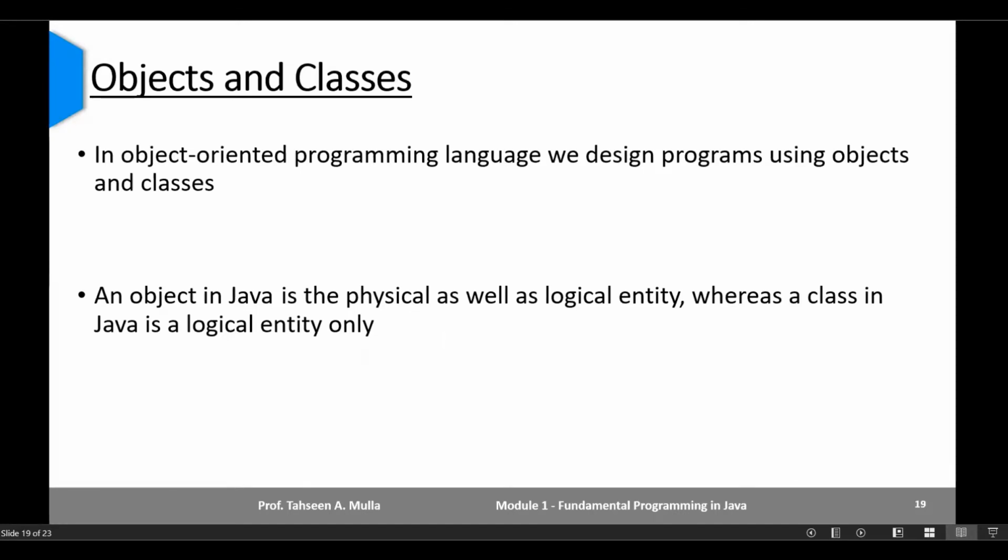Let me define an object in Java as a physical as well as a logical entity. Why am I mentioning both? Physical, because your software and hardware will be dealing with both entities, whereas a class is a logical entity. Class means you're writing a program, so that will be a logical entity. But when you create a reference for those objects, both your class and object will be physical as well as logical entity.